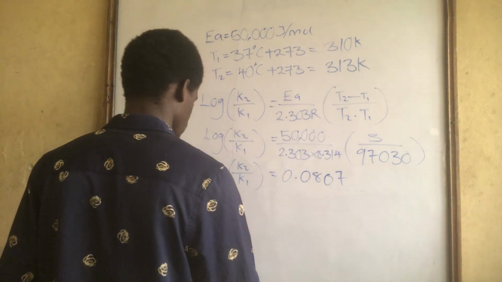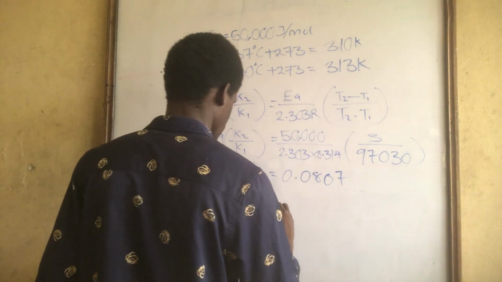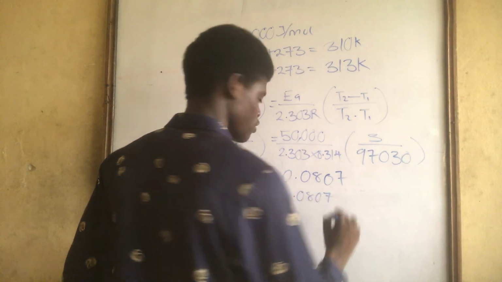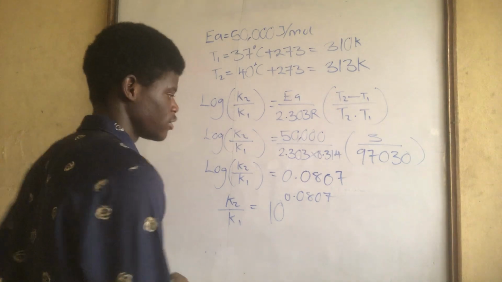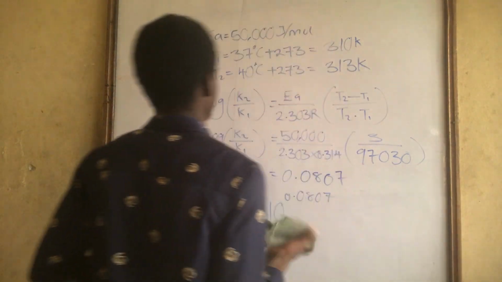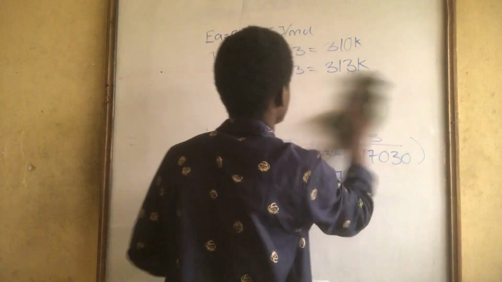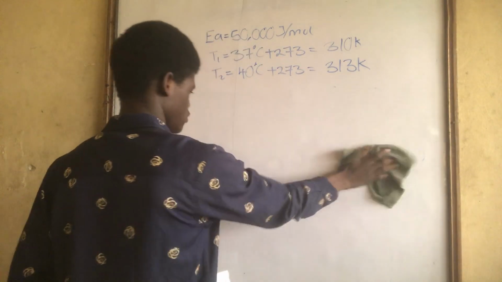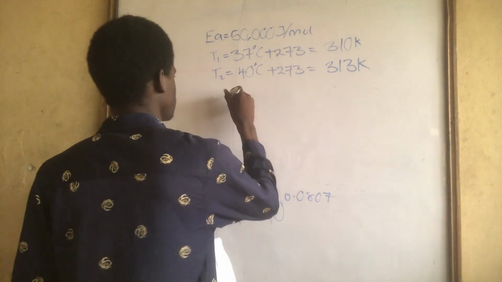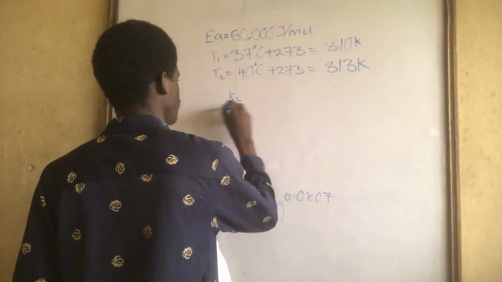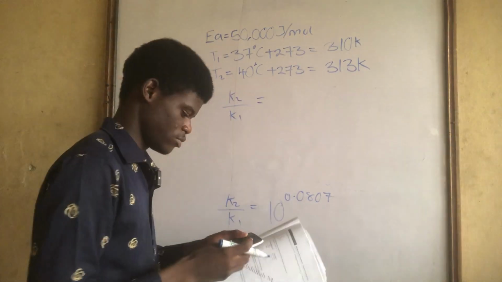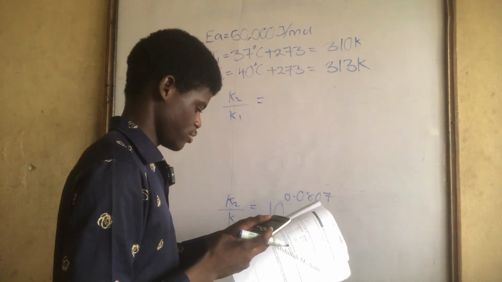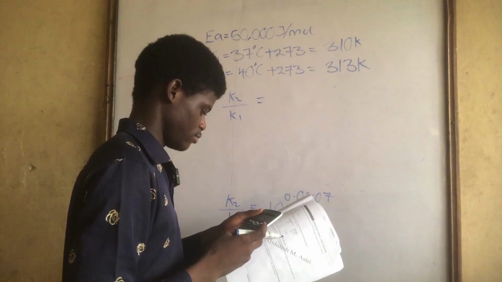Then K2 over K1, you take the inverse of log of this, 0.0807.